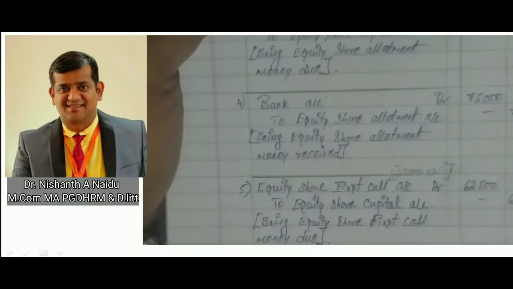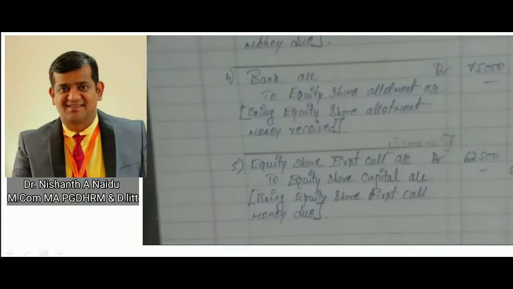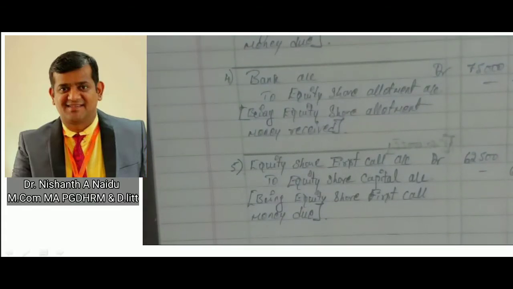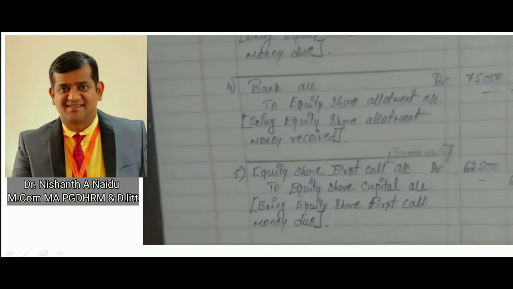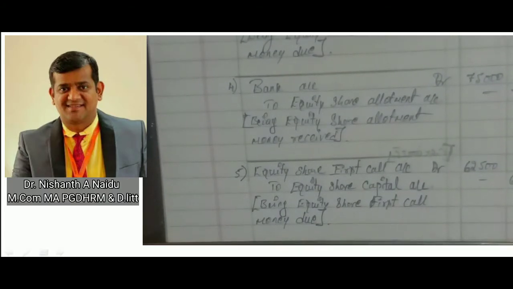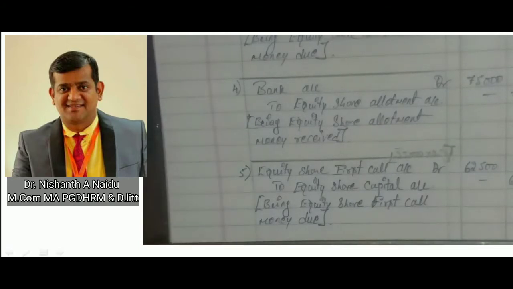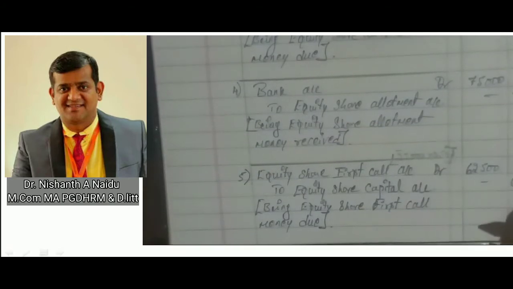So we are done with the due entry, equity share first call money due. Let me close it down. After this we are going to pass a receive entry.